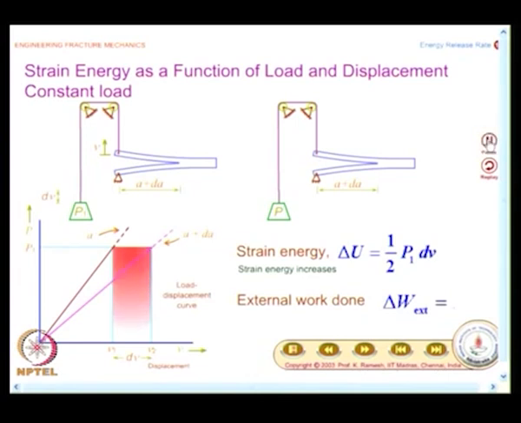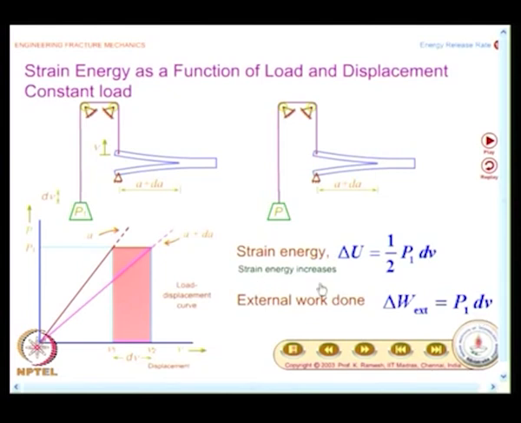So, the external work done is P1 into dV. You have to be very careful about that. This is a rectangular area. You should not make a mistake. Everywhere we use half of P1, you should not say that this is also half of P1. It is actually P1 into dV.